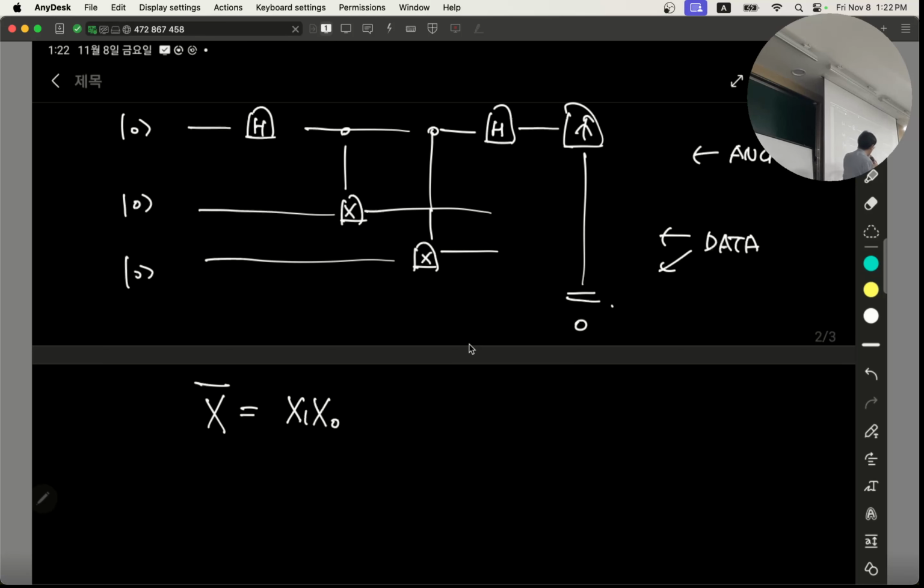Same for Y, and same for when the result is 1. It means either this one is +1 and this one is -1, which is still a -1 eigenstate as a whole. Okay? So keep this in mind.